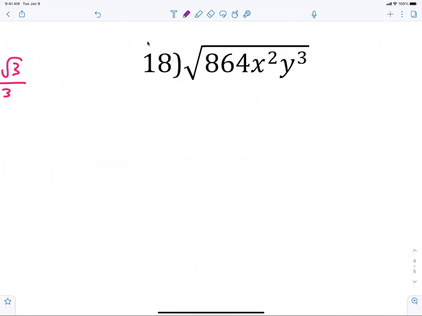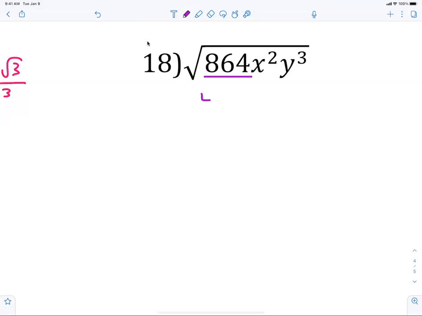Now, 864 was the exact same problem on the review that I tried to explain. It's just breaking it down, correct? Does anybody remember what it breaks down to? No, we wouldn't do 2. Let's divide by 4 because 4 goes into 8 and 64.